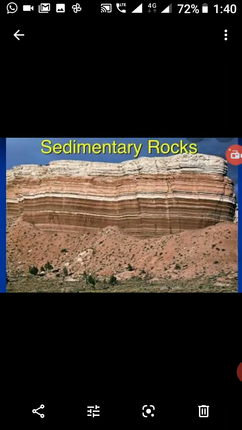You can see here the grain sizes. The first one is gravel, second is sand, the third one is silt, and the fourth is clay. Gravel size is from 256 mm to 2 mm.